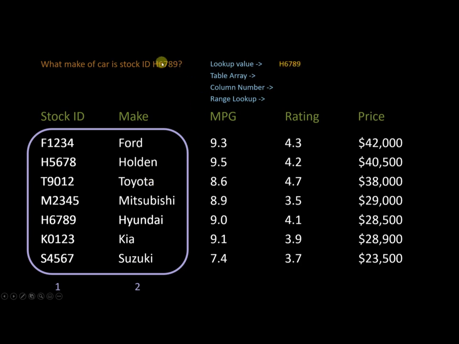H679. The table array would be highlighting the data underneath these headings, so never use the headings and the data, so we would only highlight from the cell that contained F1234 down to Suzuki in this case. So you would click and drag and we would get a relative reference, and obviously we would have to make that an absolute, which means we add the dollar signs.